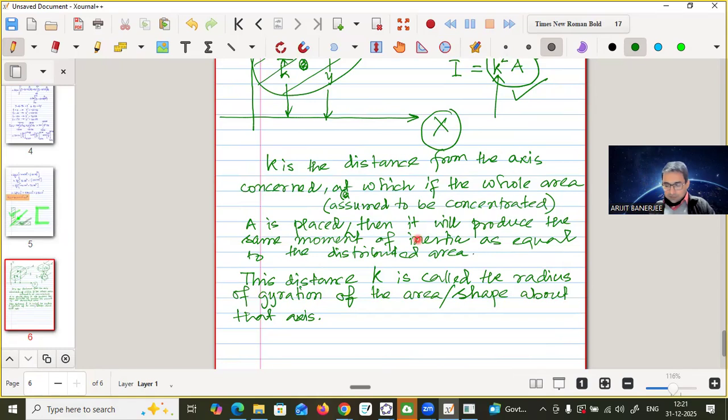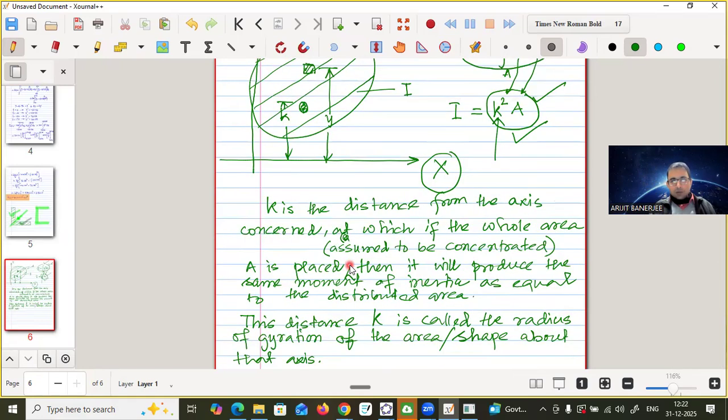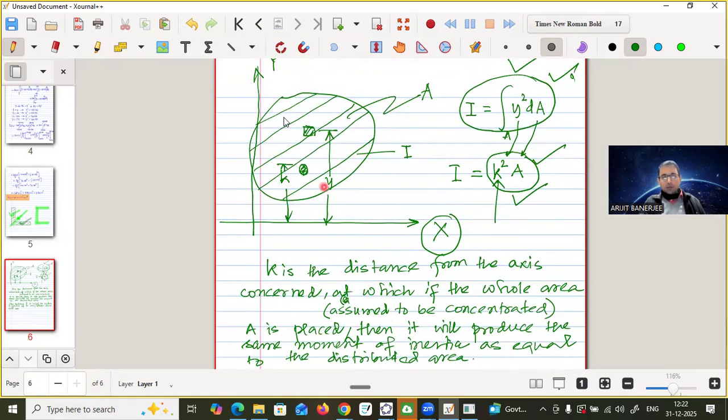Sir, can you repeat what is that K? K means basically radius of gyration. So basically what we are doing, you see that I have shown one shape or area here and one axis x. Now I can determine the moment of inertia of this area about this axis from the definition. This is the definition, the top one. I is equal to integration y square dA. dA is the elemental area and y is the distance of that area from that axis.